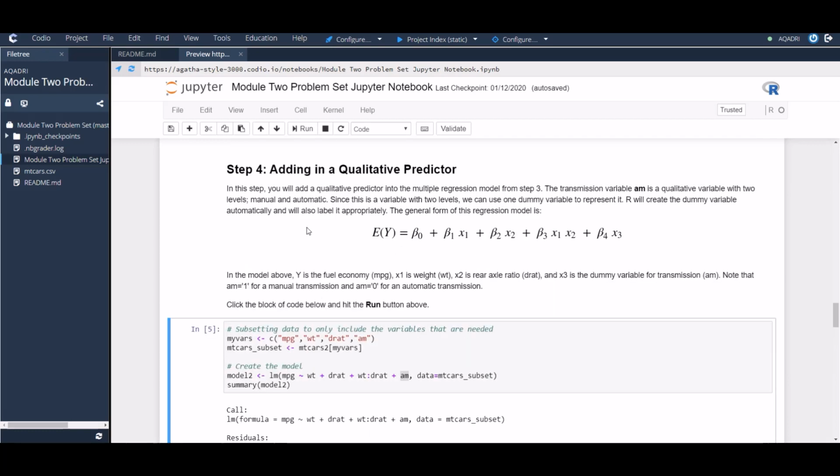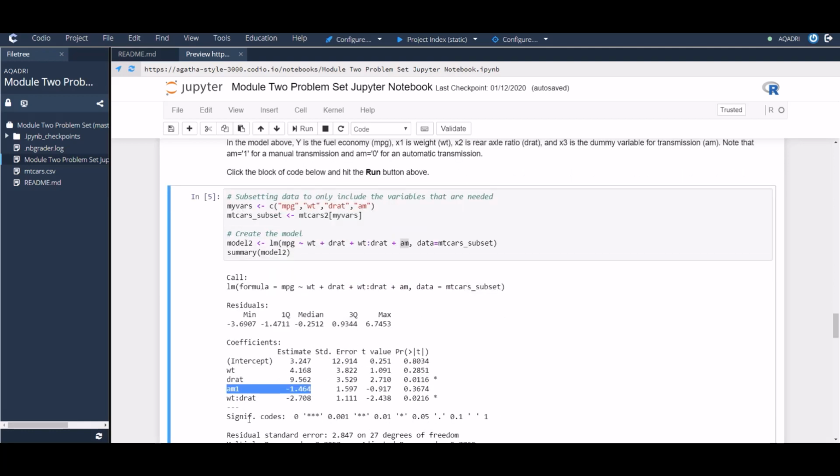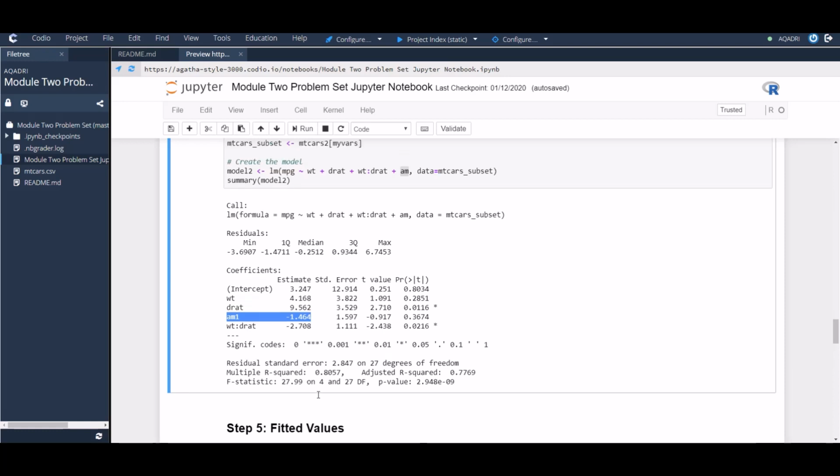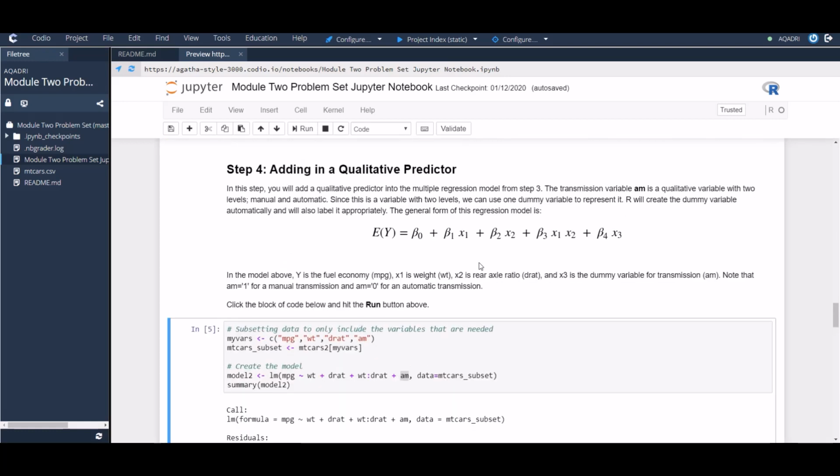So if, for example, the transmission variable had 3 levels, so there was one extra level here, you would have two dummy variables and you would see two dummy variable outputs here with their respective estimates. So just please make sure that you are aware of that and that you use the model appropriately.